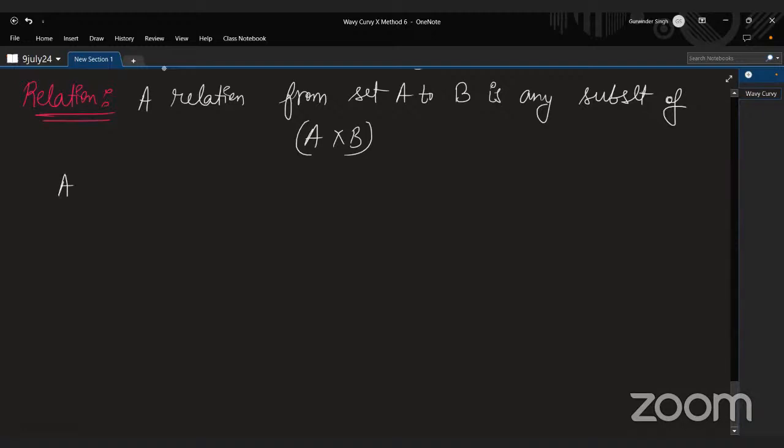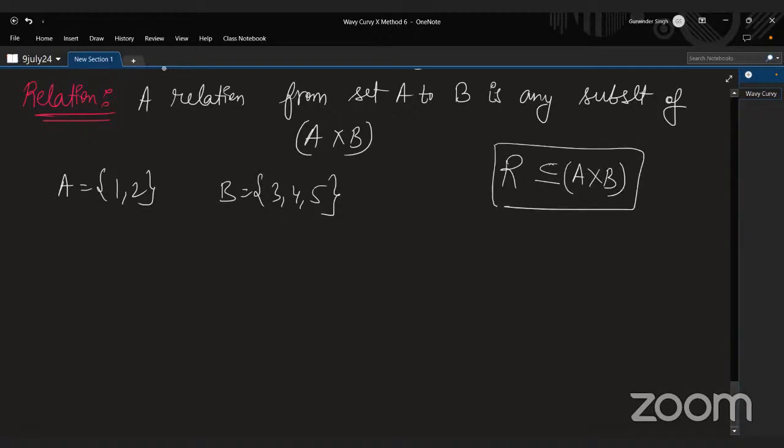Like earlier we had 1 and 2, and over here we had 3 4 5. I can also represent this relation R. It is a subset of A cross B. Out of the many elements that we had in A cross B, we had a total of 6 elements.